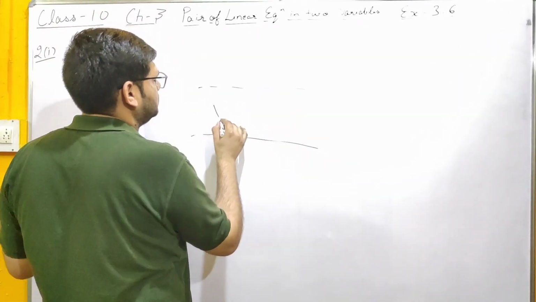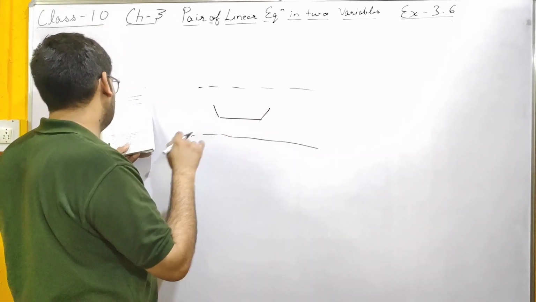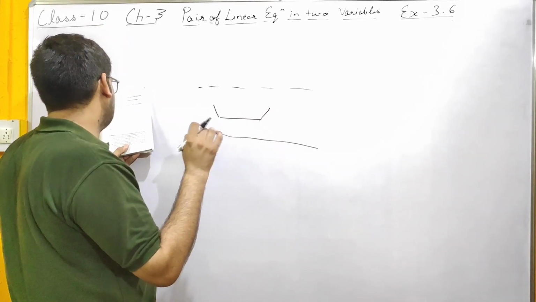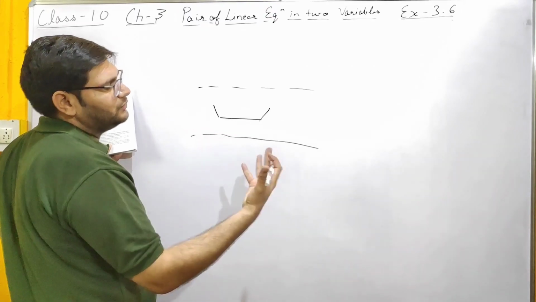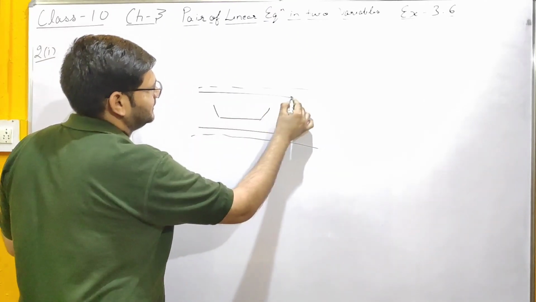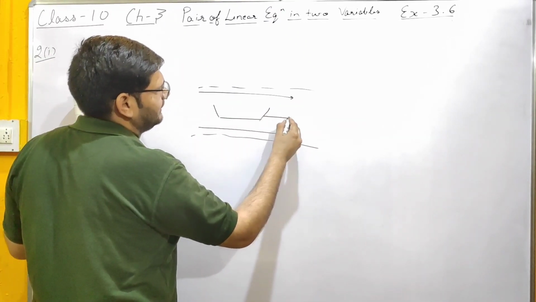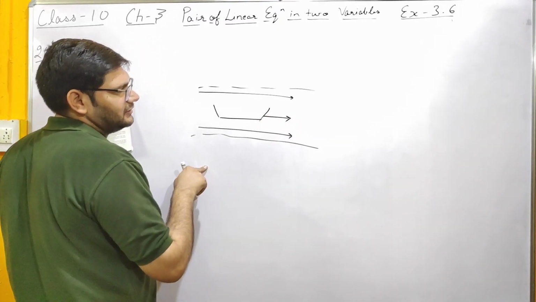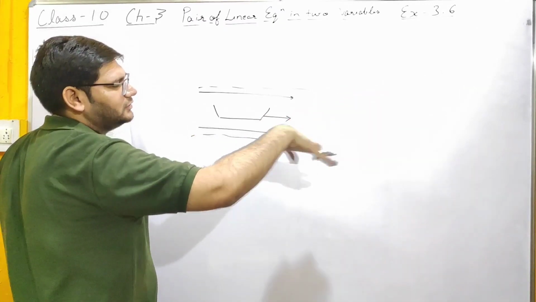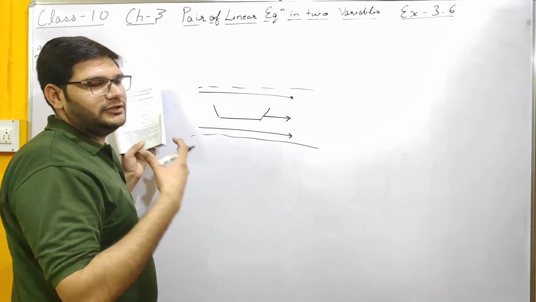There is a boat, a girl named Ritu, she is there in the boat. It is given Ritu can row downstream. Now what is the meaning of downstream? Suppose the flow of the water, the current, is in this direction, and she is also going in the same direction with the flow of water, with the flow of current. So this is known as downstream.